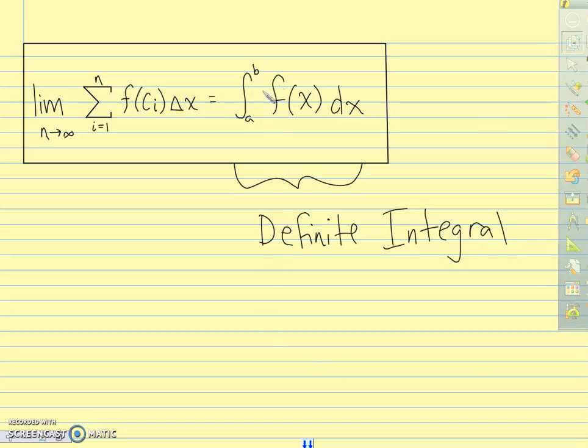Okay, so this should be pretty familiar notation, except now we have a and b. Now we have what is called a lower limit and an upper limit.